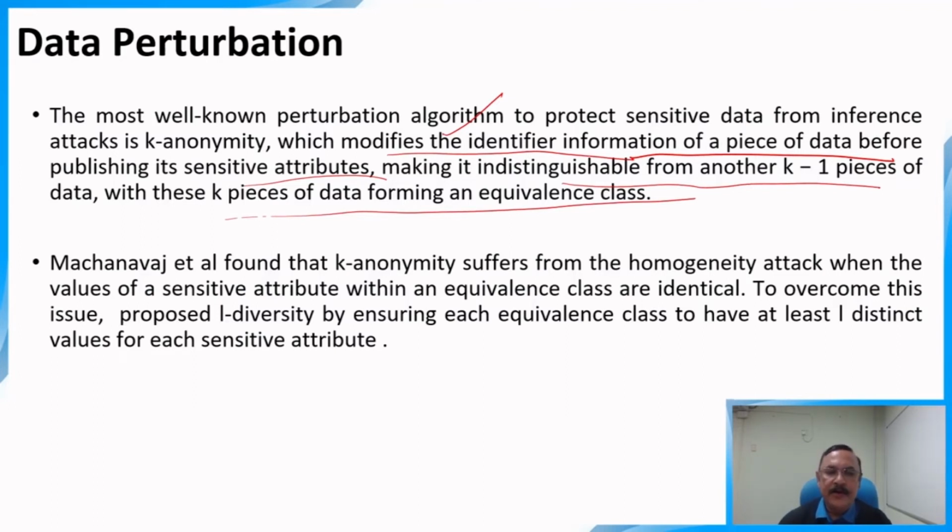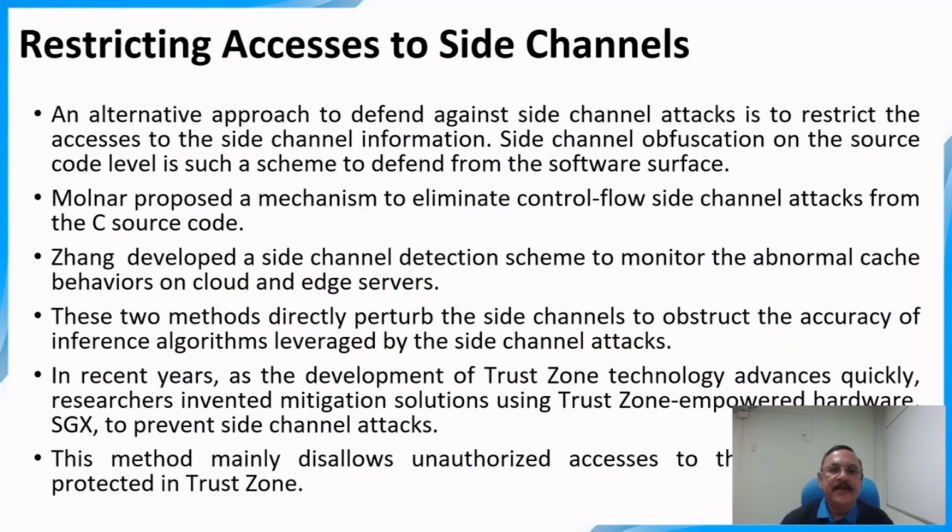K-anonymity suffers from the homogeneity attack when the values of a sensitive attribute within the equivalence class are identified. To overcome this issue, l-diversity has been proposed, ensuring that the equivalence class has at least l distinct values for each sensitive attribute.